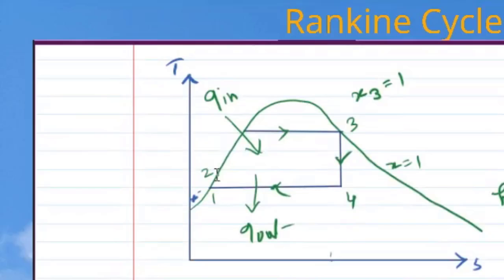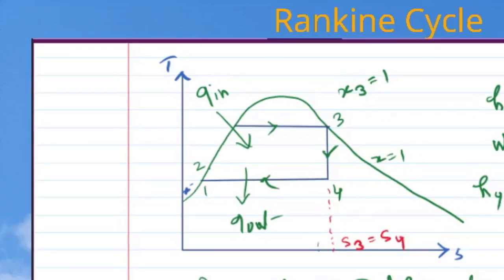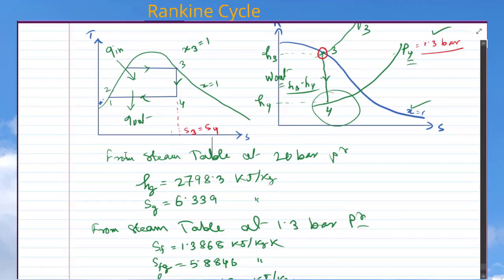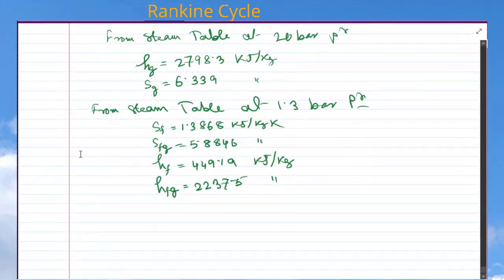In this TS diagram we can see process 3-4 is an isentropic process. So S3 is equal to S4, isentropy. That formula we will use again. At point 3 the steam is dry, so the entropy is Sg only.